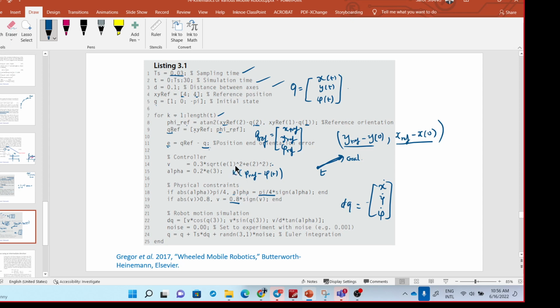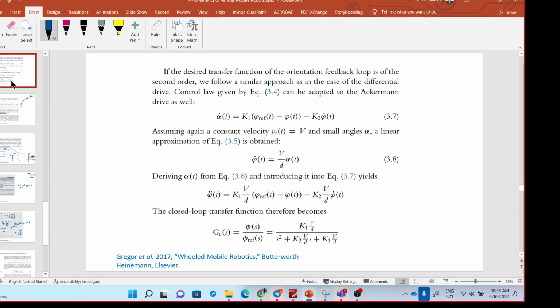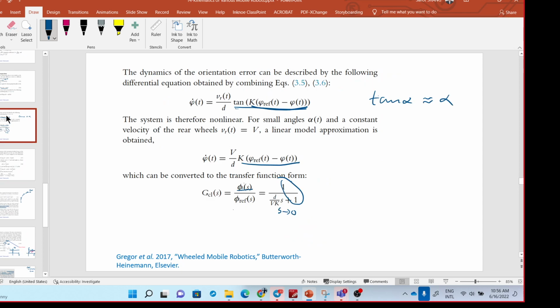Well, if you look at the feedback here, because here it is just first order, this is first order, right? So for a step response it looks like this.